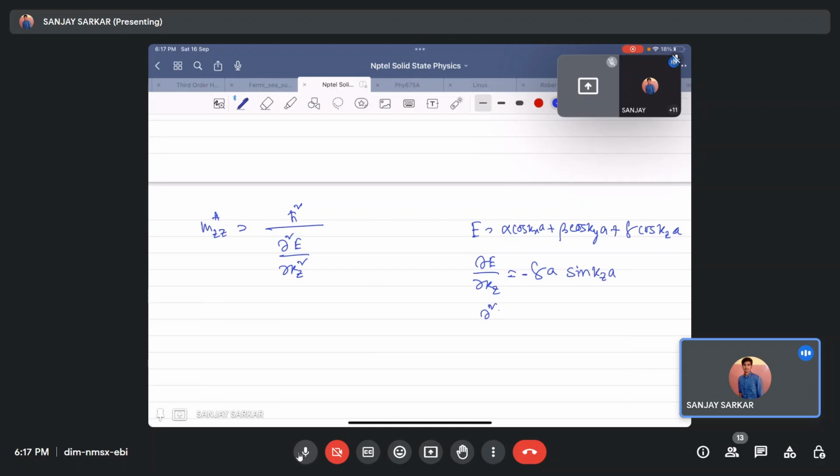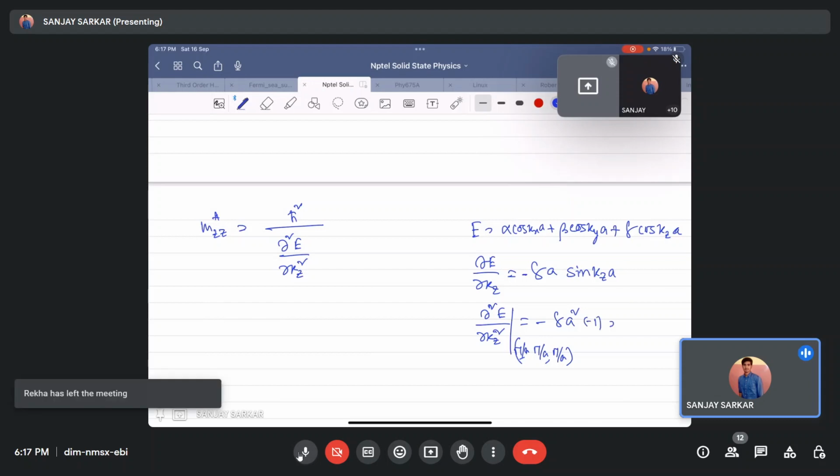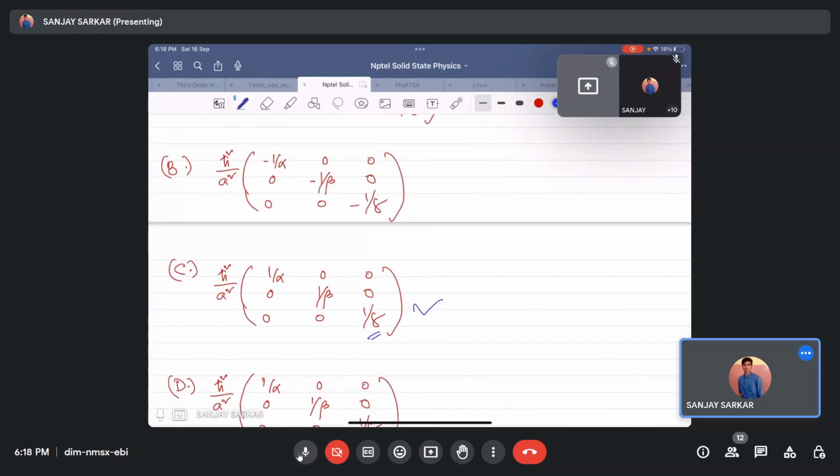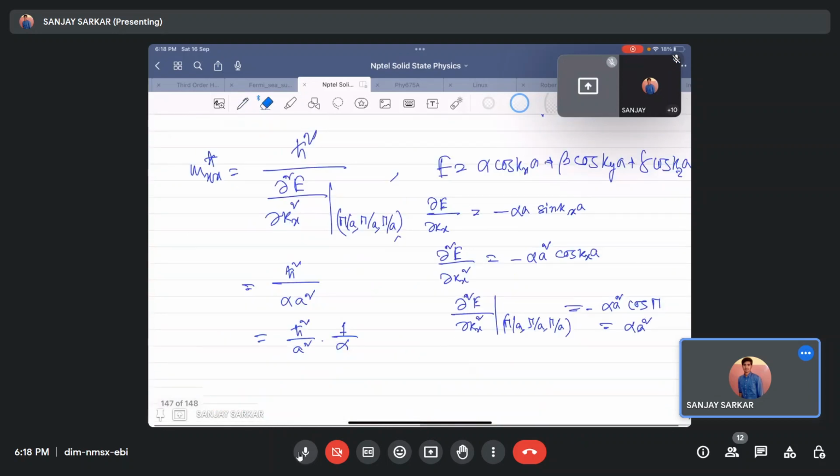And del 2E del kz2 is minus gamma a square cos kza, and this value at pi by a, pi by a, pi by a, cos kza is minus 1, so it is just gamma a square. So again you are getting h bar square by gamma a square. So every component will be positive. That means option C is correct.